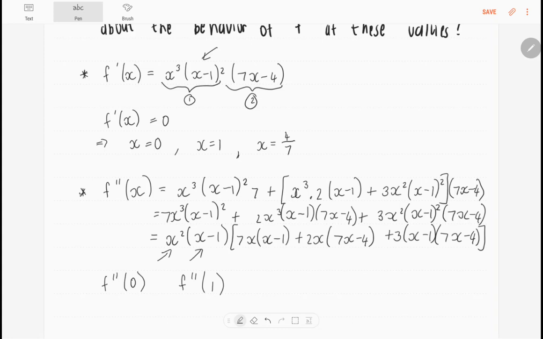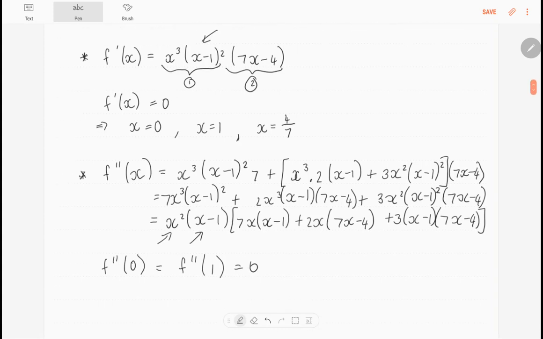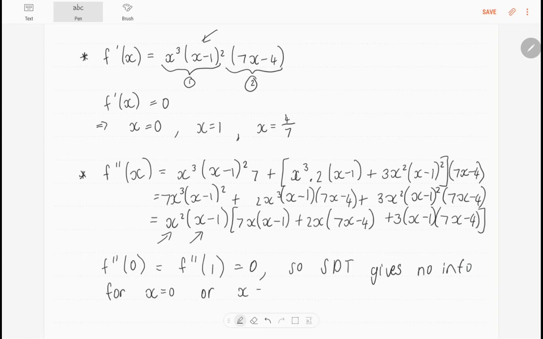If we substitute 1 in there, it will just cause our second derivative to be 0. So these are both 0. That means that the second derivative test gives no information for x equals 0 or x equals 1.